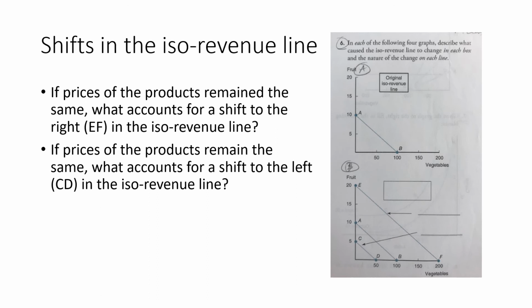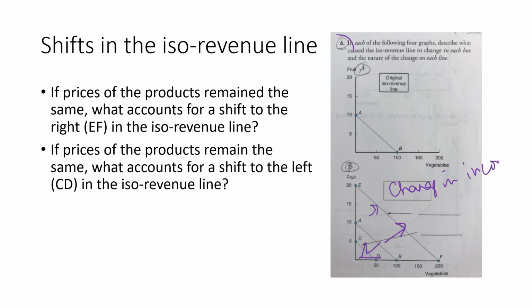The ISO revenue line, just like the budget line in the past, can shift. So it can shift to the right and it can shift to the left. And this is one of your practice problems too. So if prices of products remain the same, what accounts for a shift to the right? Basically, if consumers purchased more, then revenue would increase. And a reason that consumers would purchase more is there would potentially be a change in income.